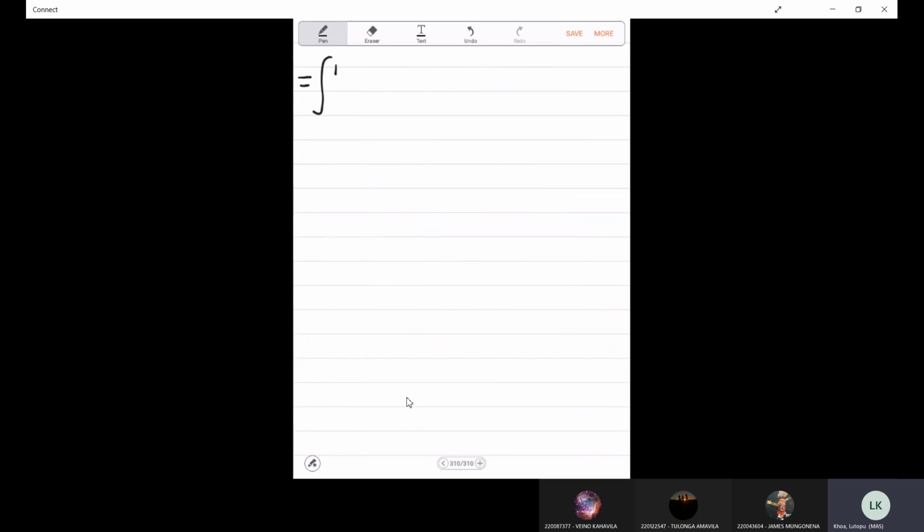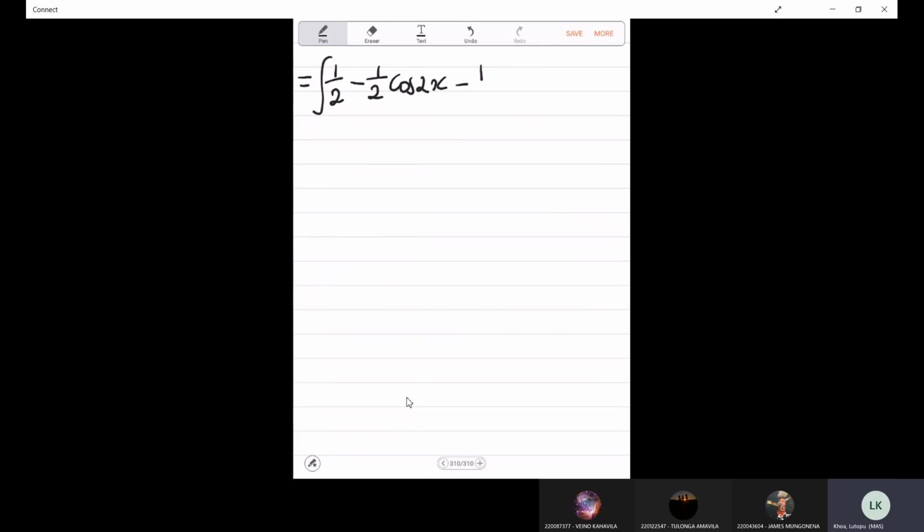So this is the integral. I have a half, which was my first term, then minus a half cos 2x. I'm just multiplying out the brackets.